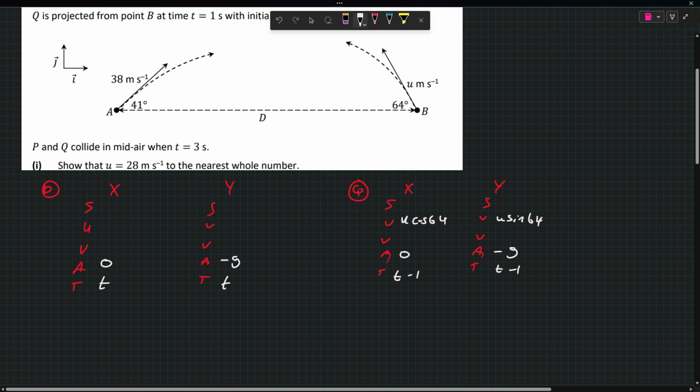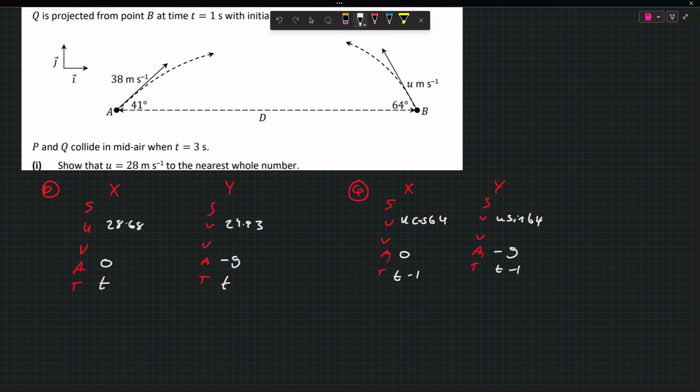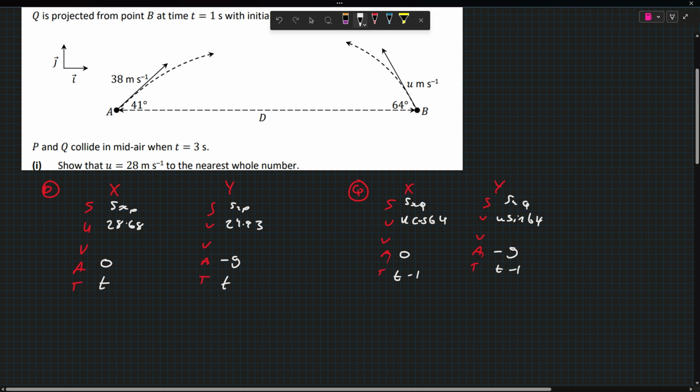Then we have 38 cos 41, which is 28.68, and then 38 sin 41 is 24.93. We have SXP, SYP, SXQ, SYQ, and then the v doesn't matter.